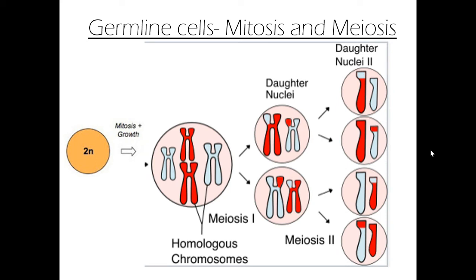So you see in the first stage before meiosis 1, you had 2 different types of chromosome, and in that final stage, you only have a single chromosome of each type in the daughter nuclei. Haploid gamete cells in humans contain 23 single chromosomes.